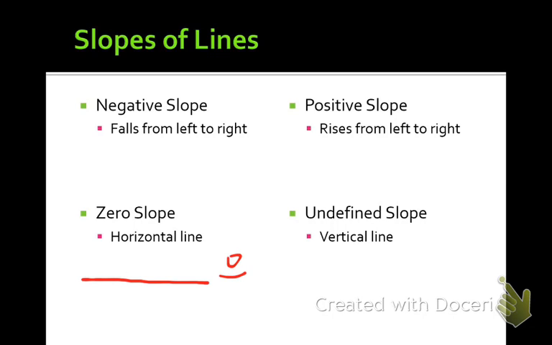But there is some change in x, so you would have some number down here. That's why the slope is 0. For a vertical line, you do have some change in y, but you do not have a change in x. And so you cannot divide by 0, so we call it an undefined slope.